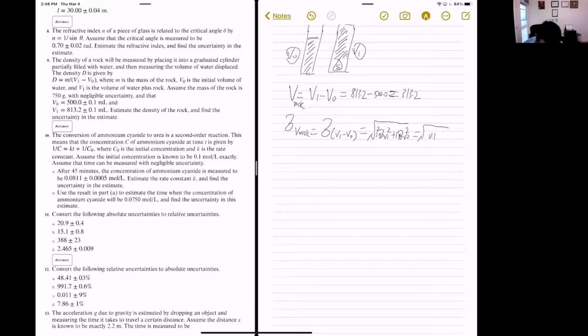Sigma V1 is 0.1. Sigma V0 is also 0.1. So sigma V rock is this much.